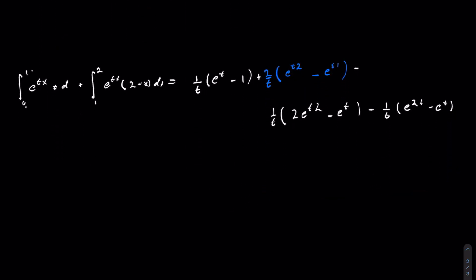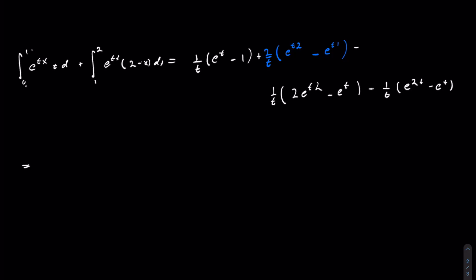All right, so now we are almost there, but we have a lot of mess to clean up, which is to put all these things together and see how they indeed evaluate to that simpler expression. So let me just make sure that we're not missing anything. We have the e to the t, we have the t's, the 2 t's, the 1 t, the 2 t, the 1 t, the 2 t, the 1 t.